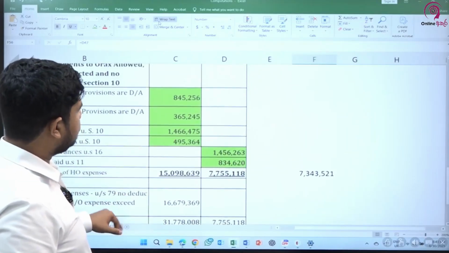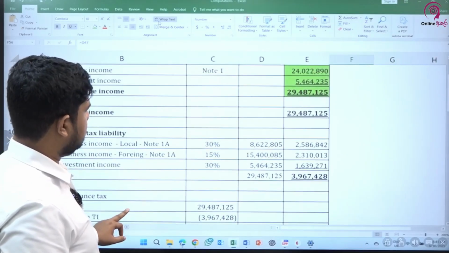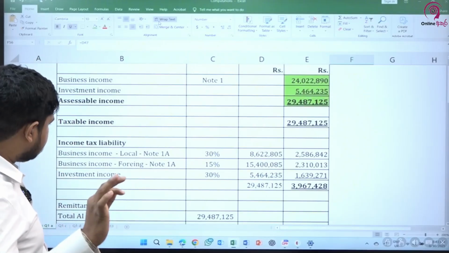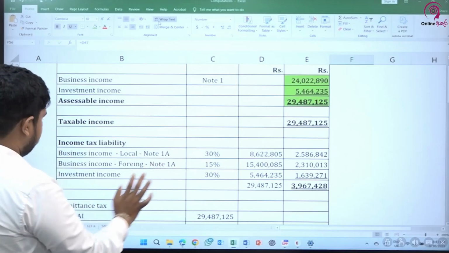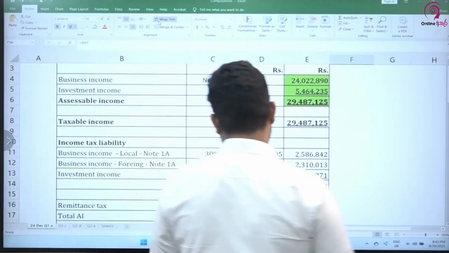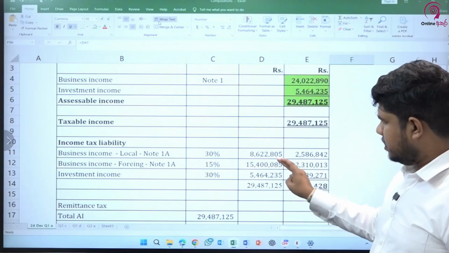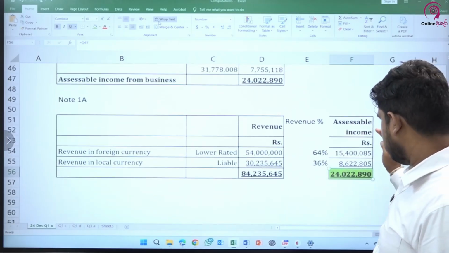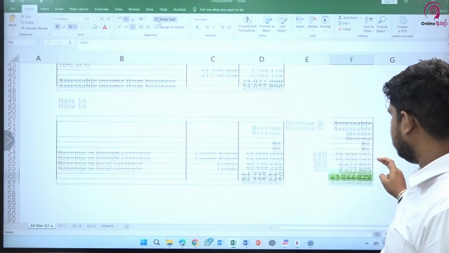Why is it important? To apply tax rates, students, right? The tax rates are, students: business income local 30%, business income foreign 15%, investment income, that is the balance, 30%, right? So business income we have computed in note number 1A, 30% is only 8 million. Yeah, 8 million, and the 15% tax rate applies for 15 million.